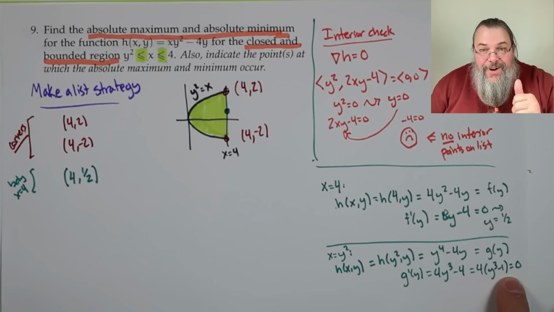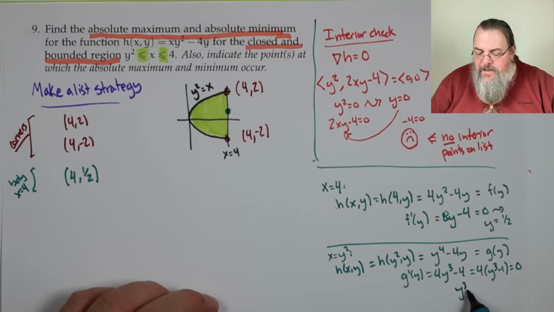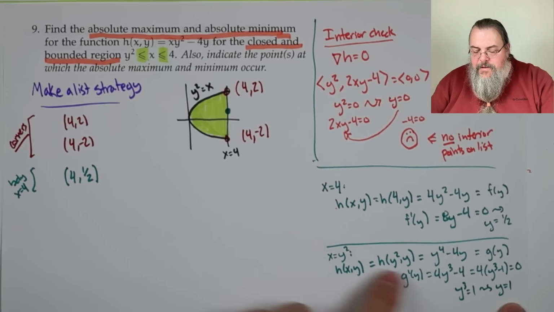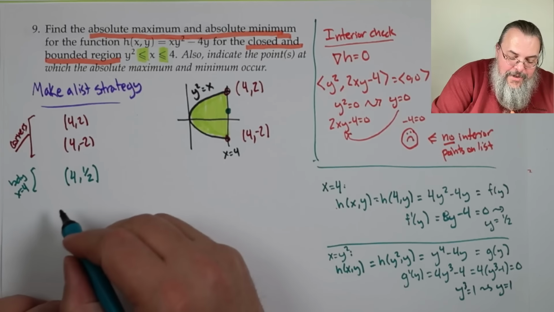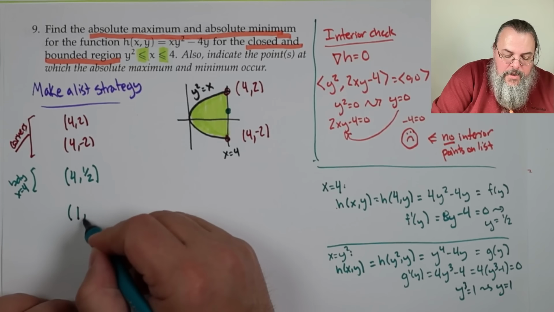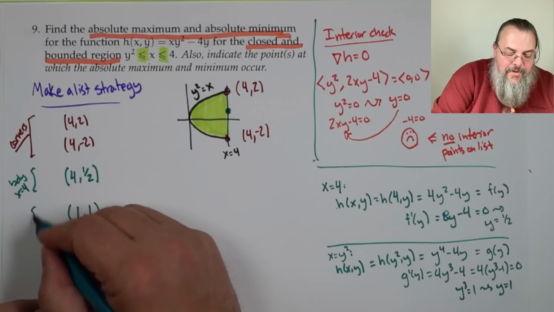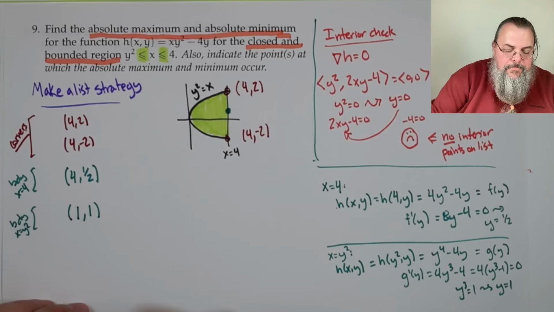At one point, right? That's when y cubed equals 1, or y equals 1. But remember, x is y squared. So our other boundary point will become 1 squared, 1 comma 1. So this is our boundary for x equals y squared.